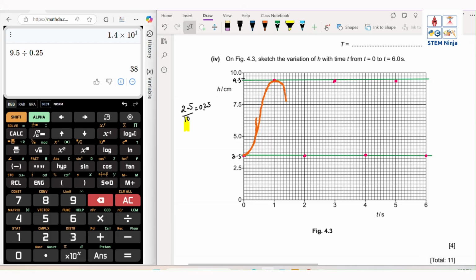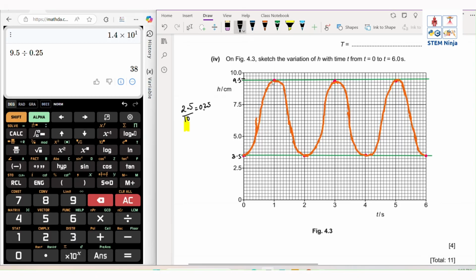Peak, trough, peak, trough, peak, and trough.